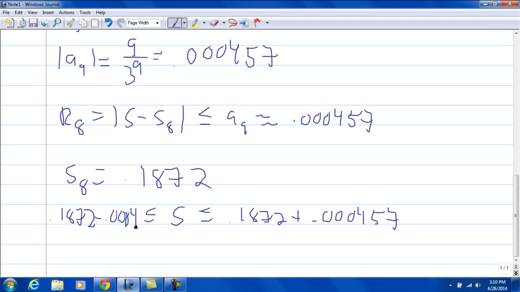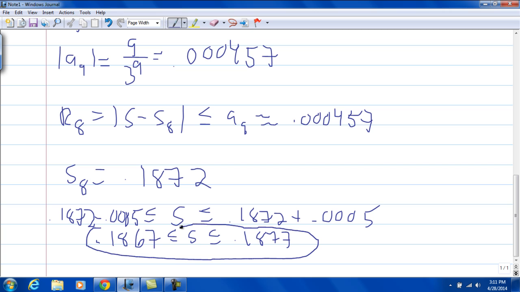I'm going to round that to 4 places. So that's going to be 0.1867 is less than or equal to S, less than or equal to 0.1877. That's our bound on the S, and it took us 8 terms to get there. Okay, hope that helps.